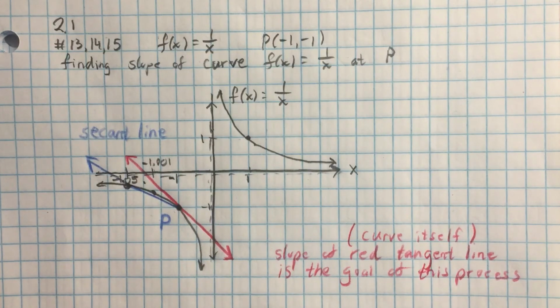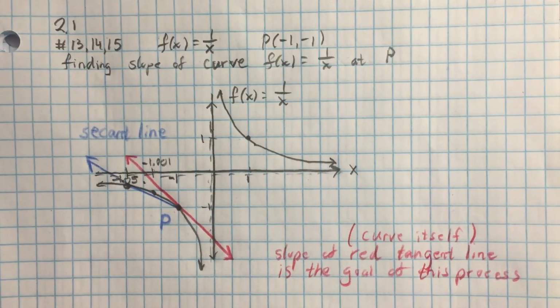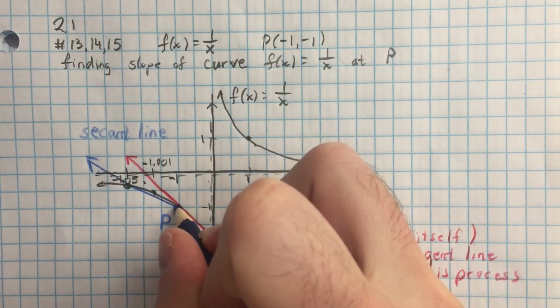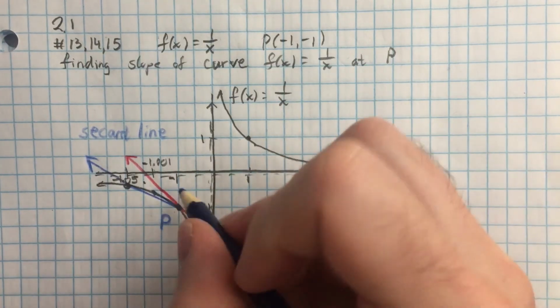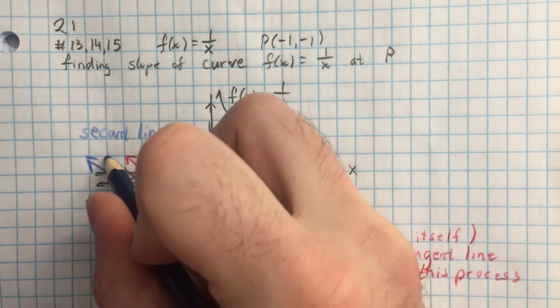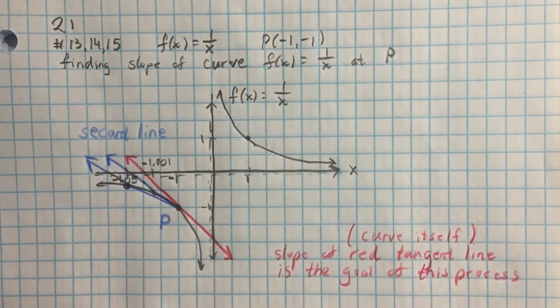I could draw another secant line between the point P and that one. Okay, they're getting a little obscured here, but hopefully you can see that. Okay, and certainly that line has a slope which is closer to being like the red tangent line.